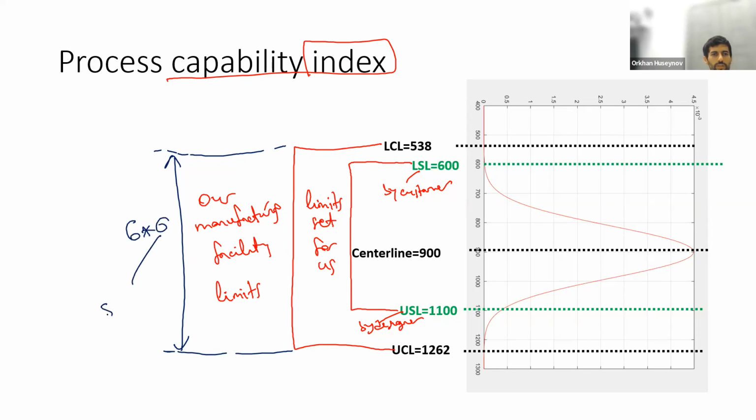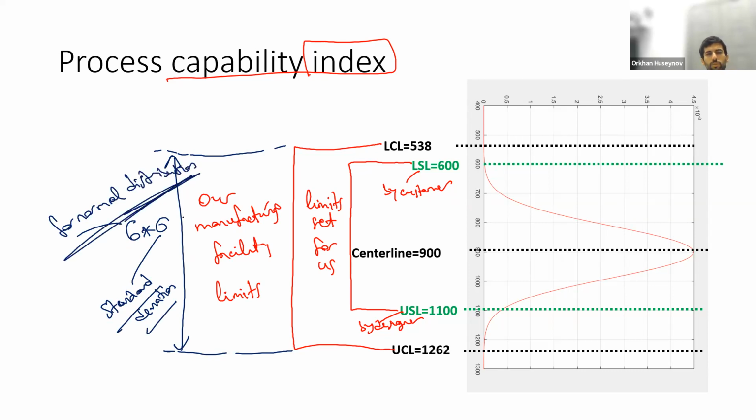And this sigma is the standard deviation. This one is for a normal distribution. For a normal distribution, the lower control limit to upper control limit is equal to 6 times sigma. This one is 6 actually, and this one is sigma.